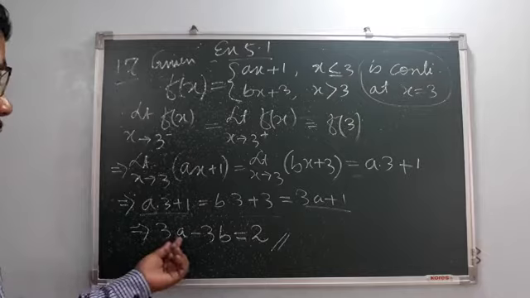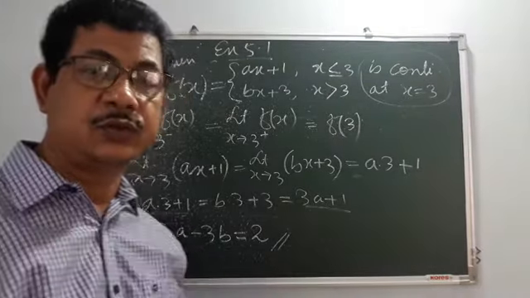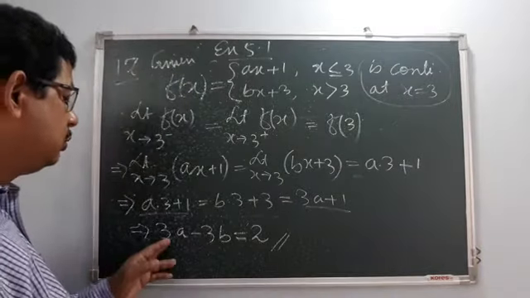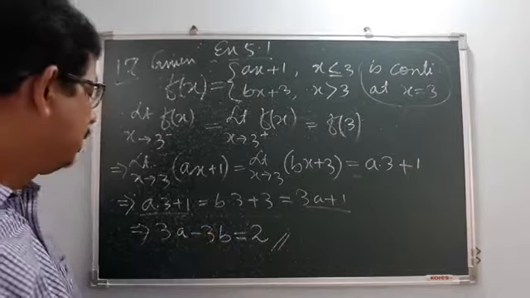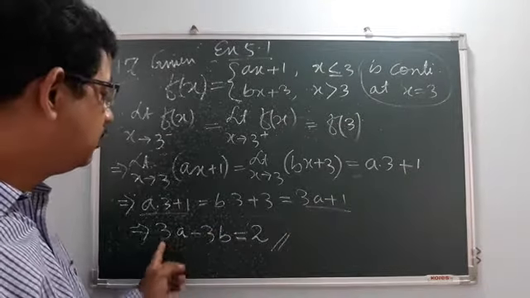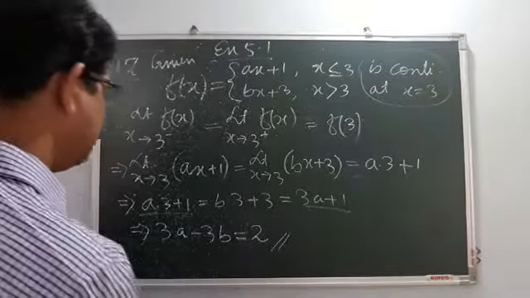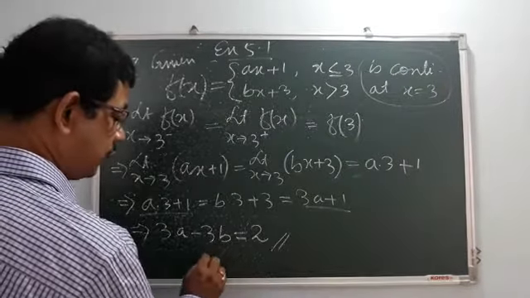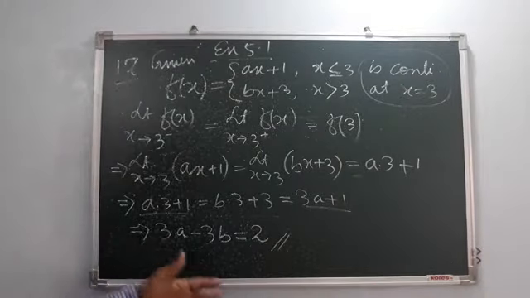Suppose if we put a as 0, then b is minus 2 by 3. If we put a as 1, then b is, I think, 1 by 3. So all the values of a and b which satisfy this condition are the required values.